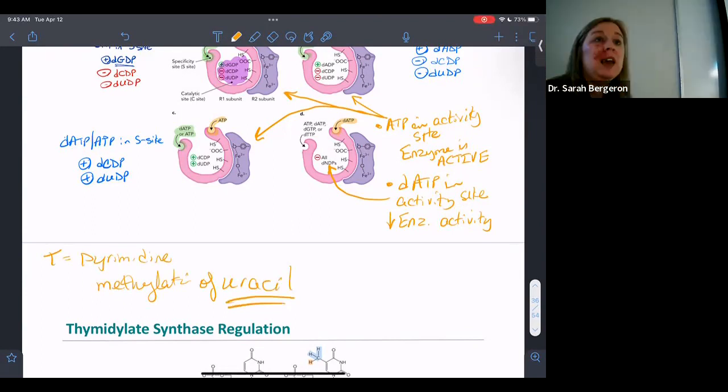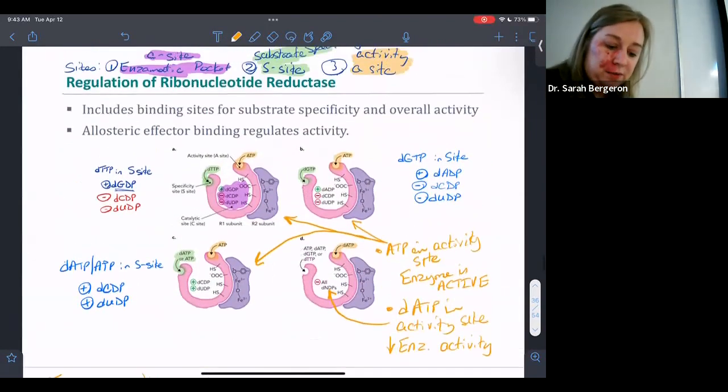So if you're regulating up here, if you are regulating UDP, what are you in effect regulating? T. If you're regulating U, you're actually regulating T.